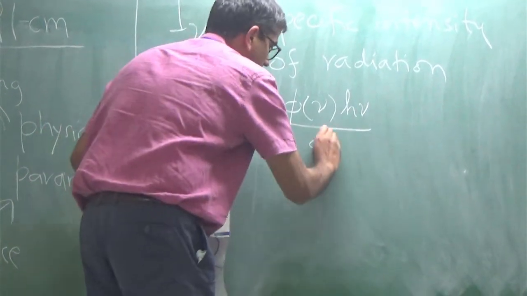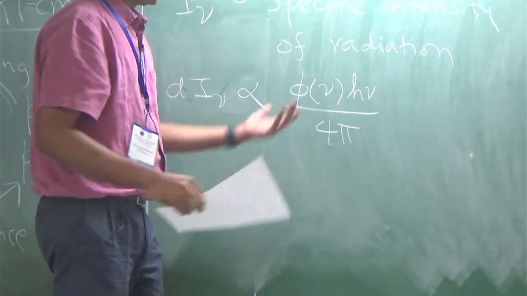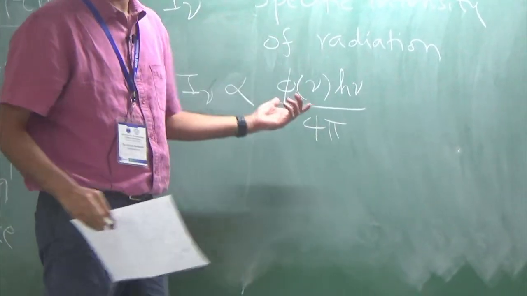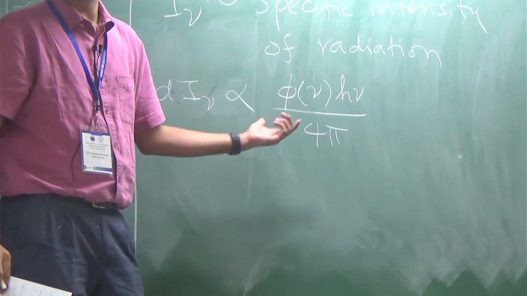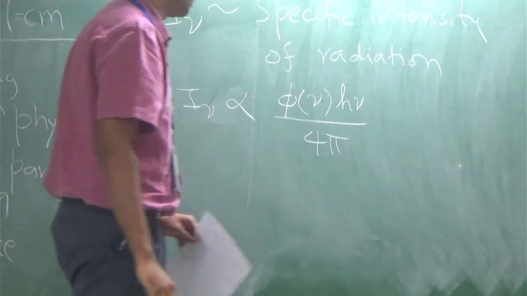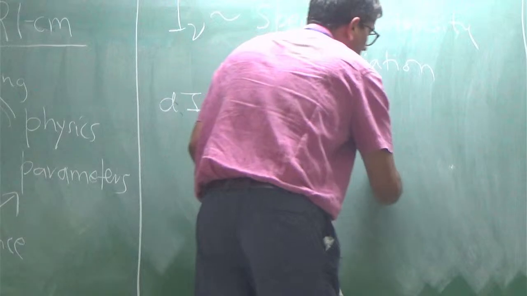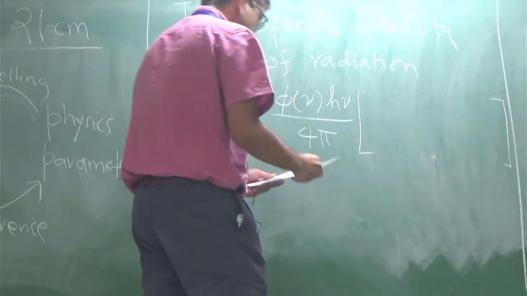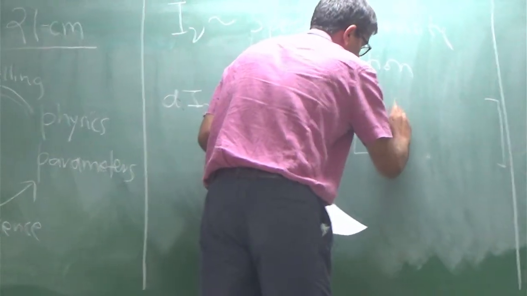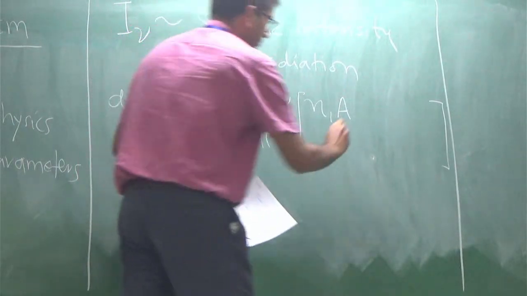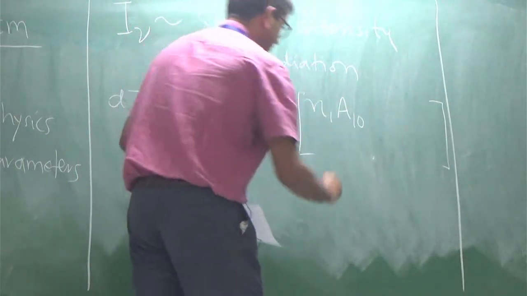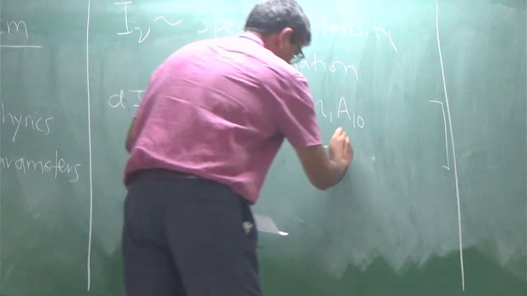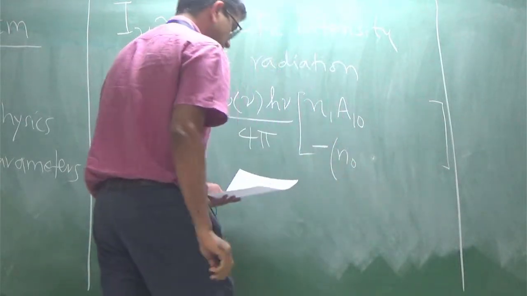So we have some terms which relate to the cross section, which denotes the probability with which the atoms of hydrogen will interact with the radiation. And then we will have terms like what Prasoon described very nicely in the previous lecture, right? We will have these Einstein coefficients.